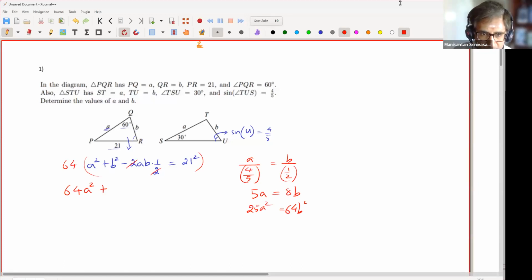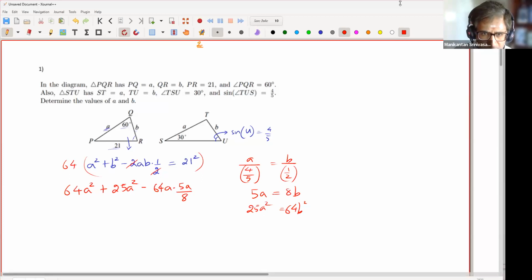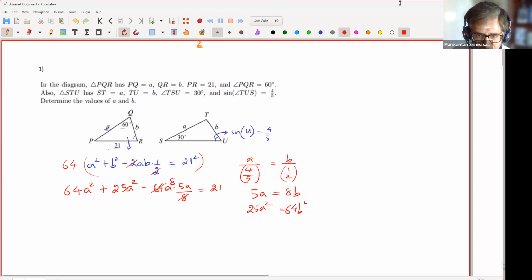So 64B square, which will be 25A square, minus 64 A into B. B is 5A by 8, right? 5A by 8. So which is 8 here. Equal to 21 square into 64. I'll just leave it as this. I'll just put a line here.